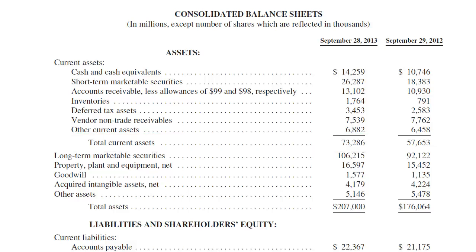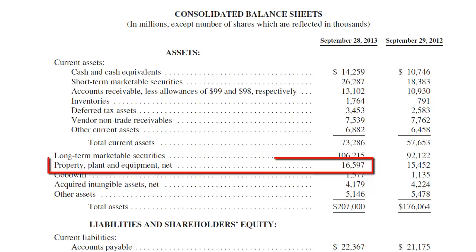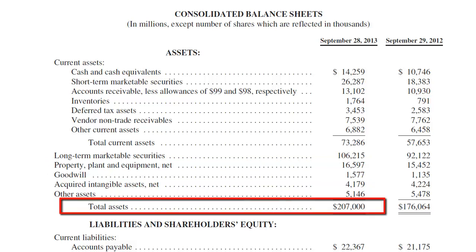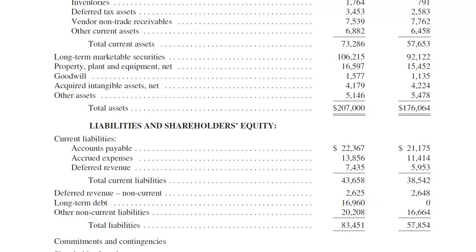Apple then provides information on its long-term assets, such as the long-term marketable securities and plant, property, and equipment. Its total assets, both current and long-term, totaled $207 billion. We then have information on liabilities and shareholders' equity.